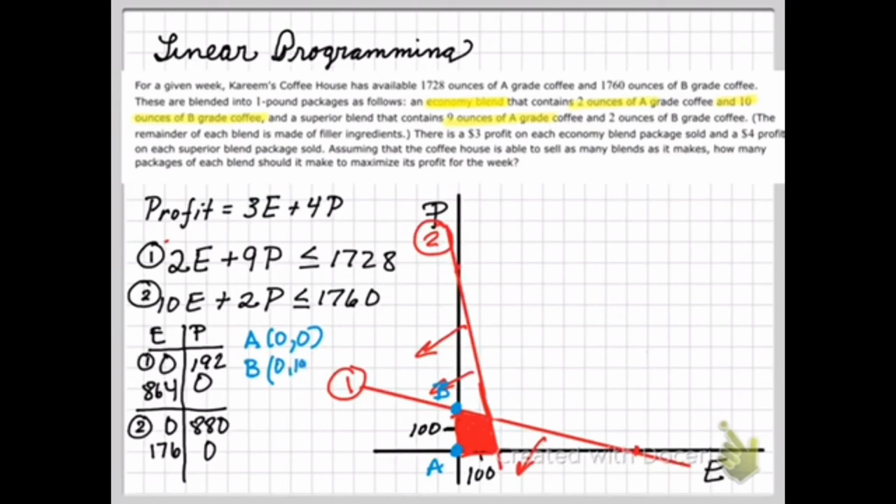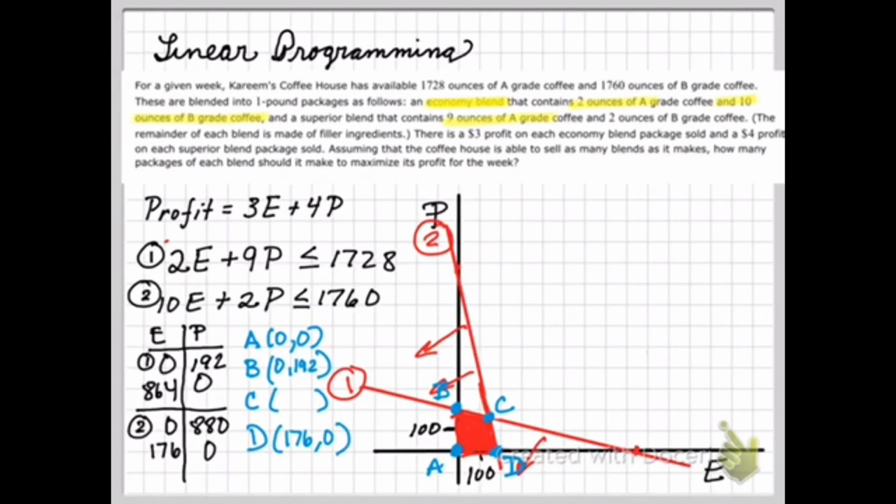You can tell that from the graph and from my table of values. Then I'm going to call this corner point C. That one we're going to need to find. It's going to be the intersection between 1 and 2. And then down here we have corner point D, which is obviously 176, 0. We can tell that from our graph and our table of values.